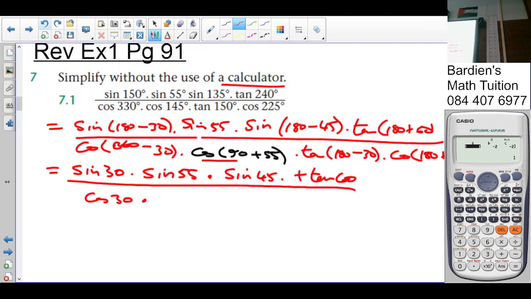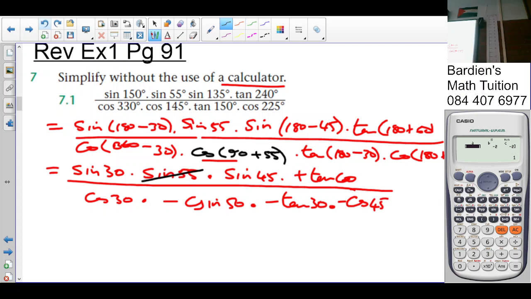Times cos of 90 plus 55, which is in the second quadrant where cos is negative, so it's negative sine 55. Times tan of 180 minus 30, second quadrant, tan is negative, so it's negative tan 30. Times cos of 180 plus 45, third quadrant, cos is negative, so it's negative cos 45. Here the sine 55 definitely cancels.